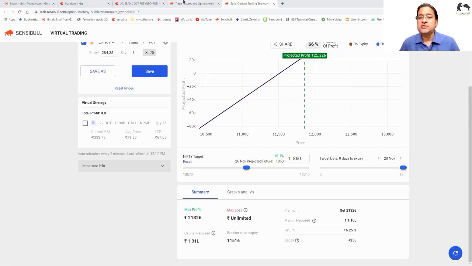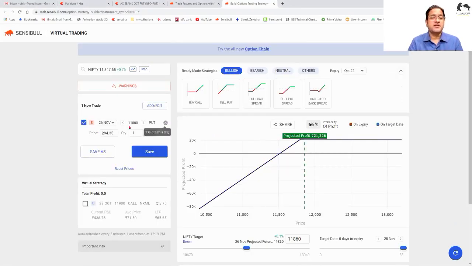Now, you choose a different strike price from the one you were to short. Here what you do is, you buy and sell put options with different strike prices. Now, what is your strategy? Let's see. As it is, I have 11,800.